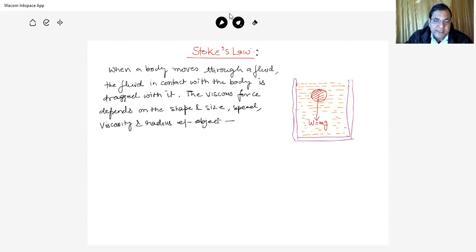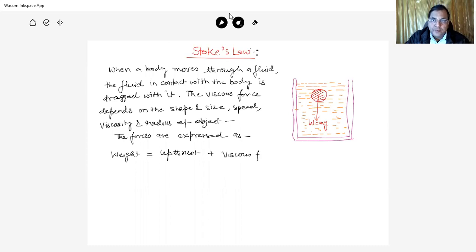The forces are expressed as: weight acting downward is equal to the upthrust on the object plus the viscous force on the object due to the liquid.